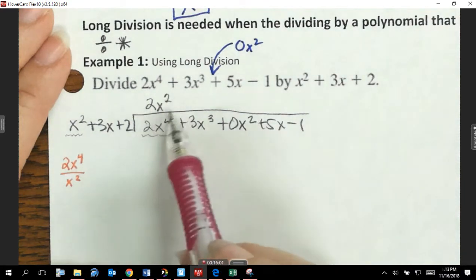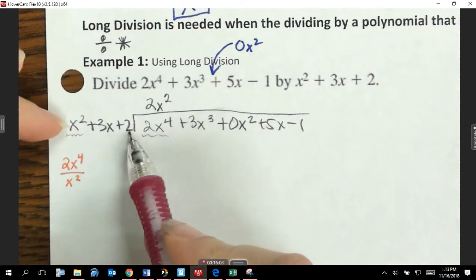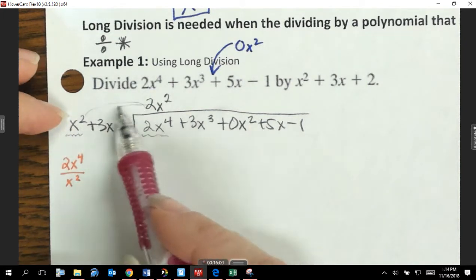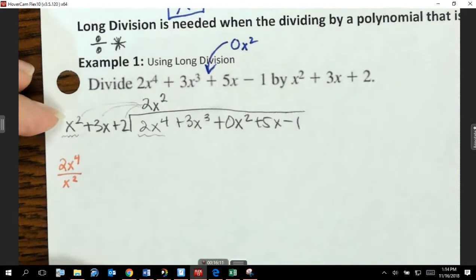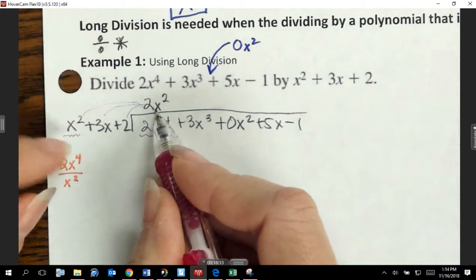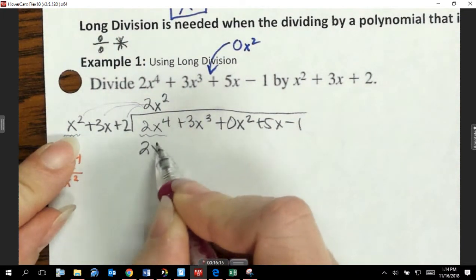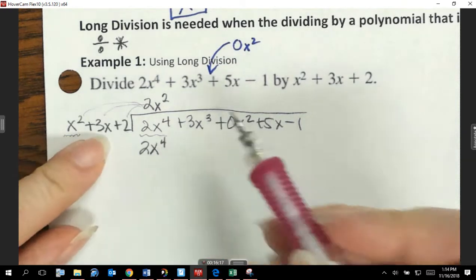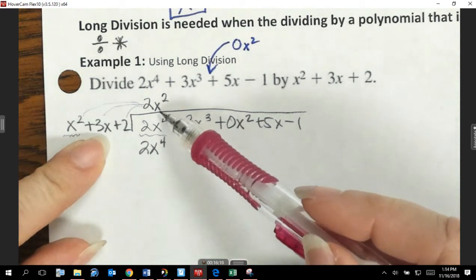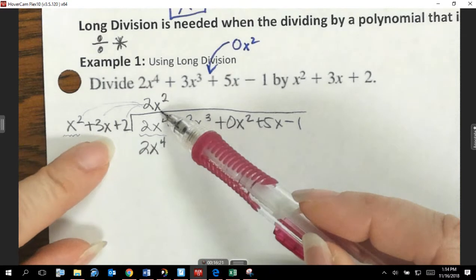When I multiply this 2x squared times the entire divisor, the entire number that is out here, that means I have to distribute 2x squared. So I'm going to have 2x squared times x squared. That's 2x to the fourth. Next, 2x squared times 3x.